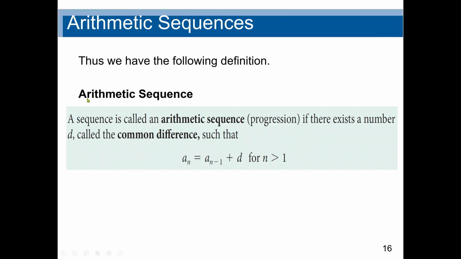So that's the official definition of an arithmetic sequence. A sequence is called an arithmetic sequence, or arithmetic progression, if there exists a number D called the common difference such that AN equals AN minus 1 plus D. In our example, D is 20. We add 20 to the previous value, we get a new value.